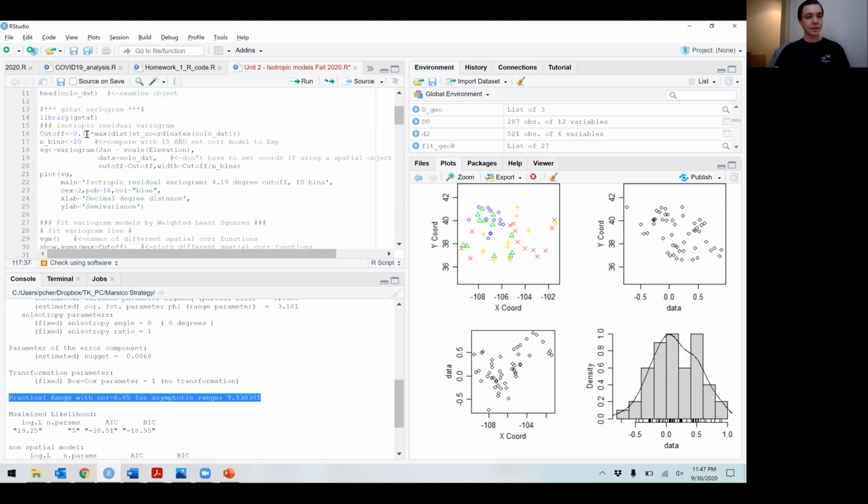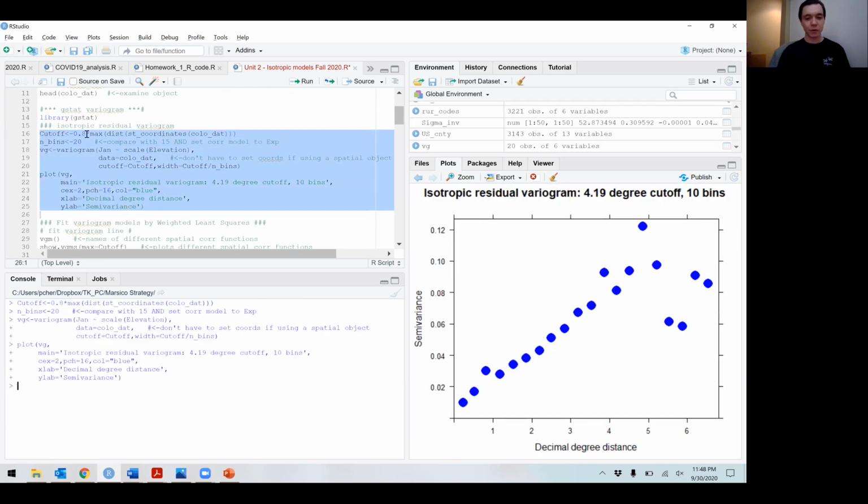If I go up here to my variogram, I need to increase my cutoff distance. If I increase my cutoff distance to 80% of the maximum, will I get to 9.53? I don't even get to 9.53. Our variogram tells us that in the residuals, the range is, I don't know, somewhere in the 4 to 5 interval.